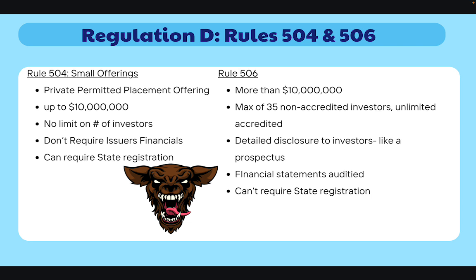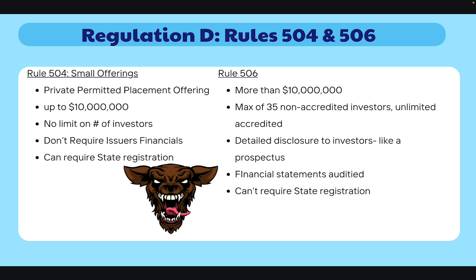Rule 506 is for the larger offerings. This is more than 10 million. There is a max of 35 non-accredited investors and unlimited accredited investors. Detailed disclosure is given to investors. It's like a prospectus.